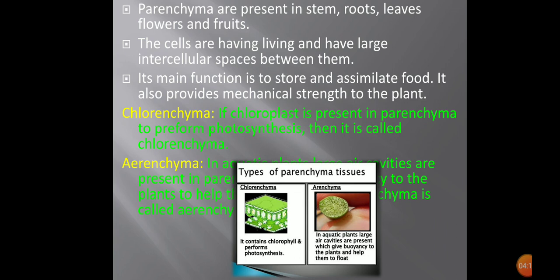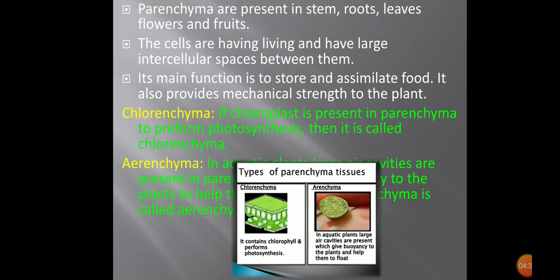So parenchyma is a filler tissue and it will be present in stem, roots, leaves, flowers and fruits. It gives the mechanical support to this plant and the cells are having large intercellular spaces between it. Okay. So based on the chloroplast present in parenchyma, it was called as chlorenchyma, and because of that air cavities present in parenchyma, it is otherwise called as aerenchyma.